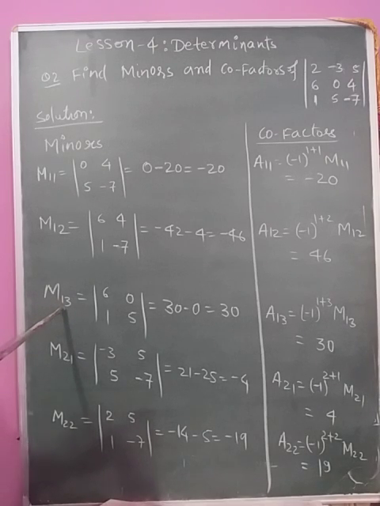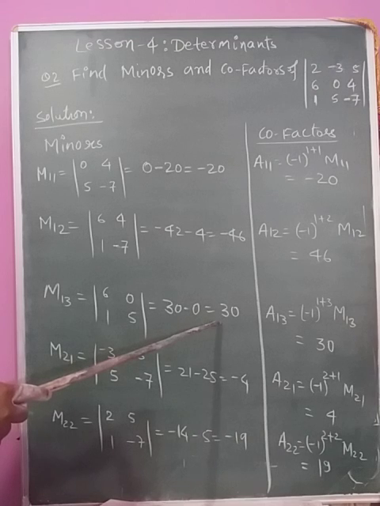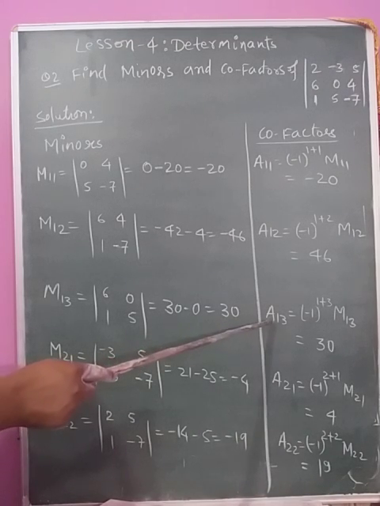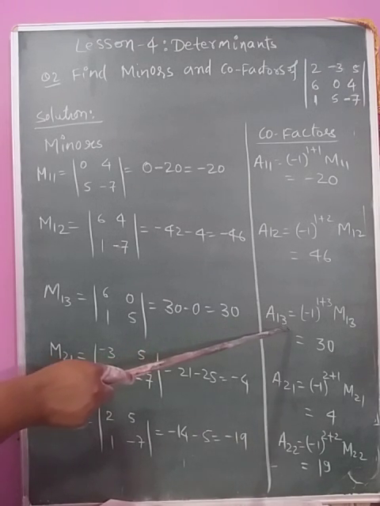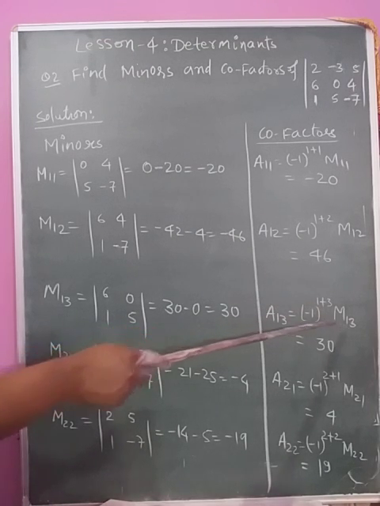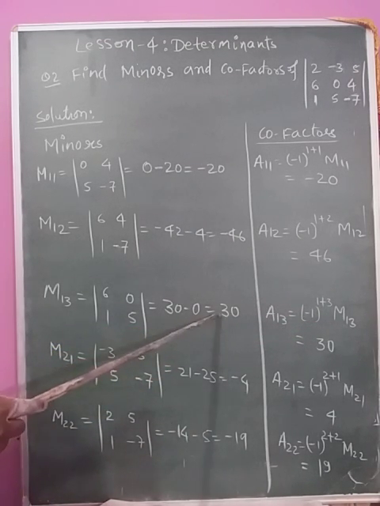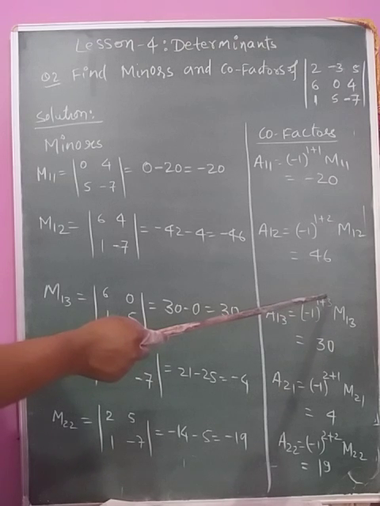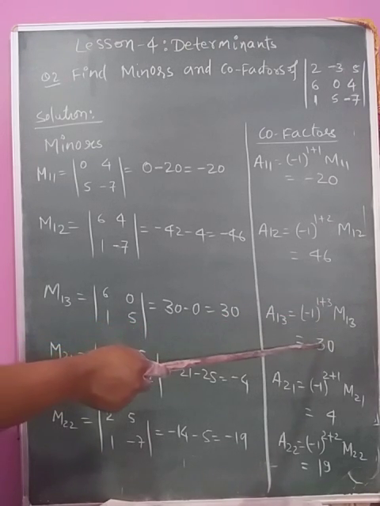M13 means delete first row and third column. We have 6, 0, 1, 5 and their determinant is 30. And cofactor A13 is equal to minus 1 to power 1 plus 3 M13. Since M13 is 30 and minus 1 to power 4 is positive, so 30.